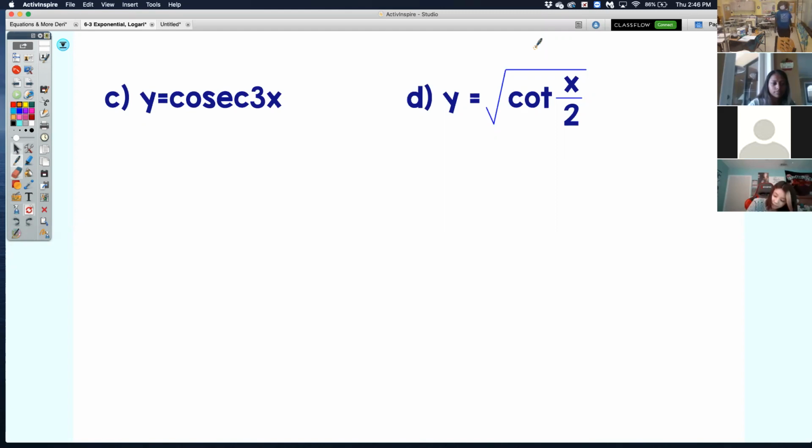So here we go. This one, we're going to have to apply what rule? Chain. Yep, because of the 3x right there. So we take the derivative of the outside function, which is cosecant x. What's the derivative of cosecant x? Negative cosecant x, cotangent x. But I don't write an x, I write a 3x.